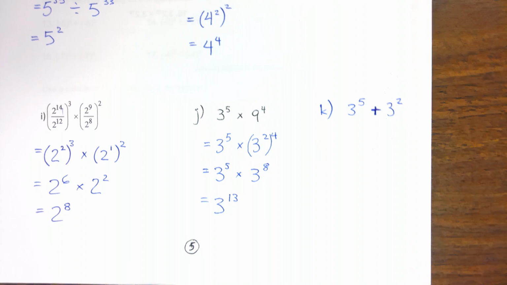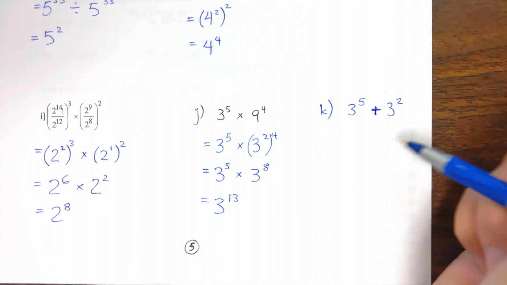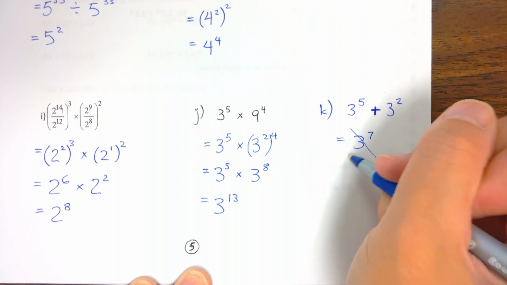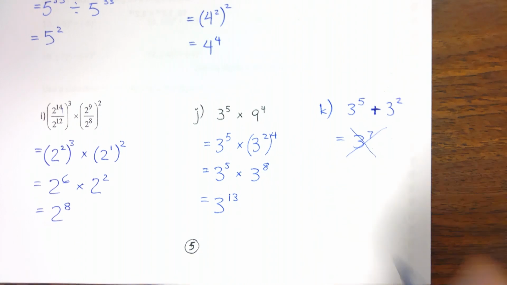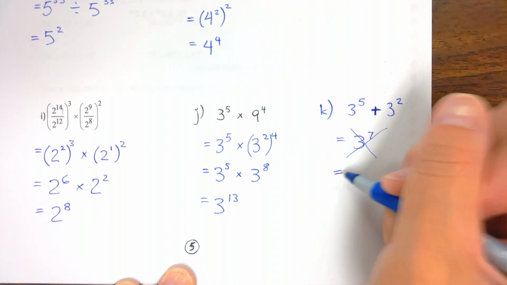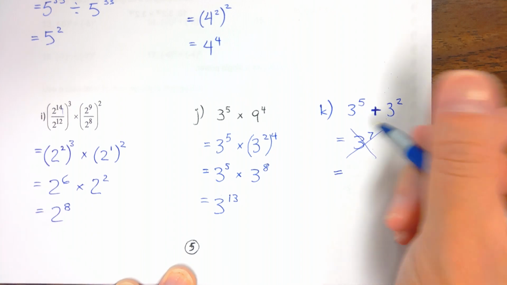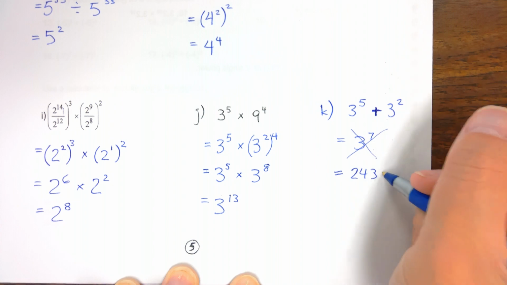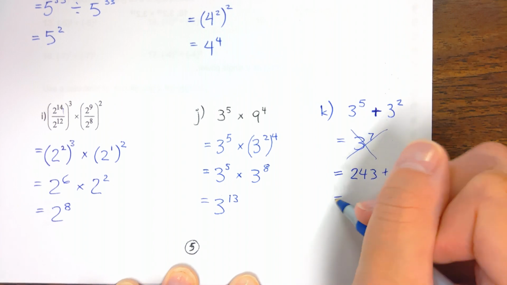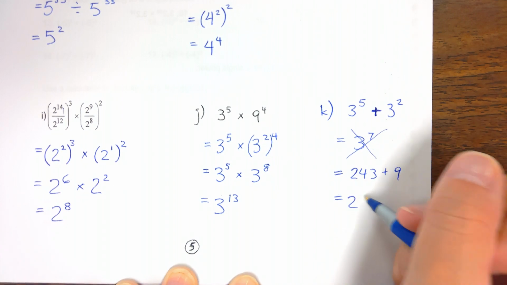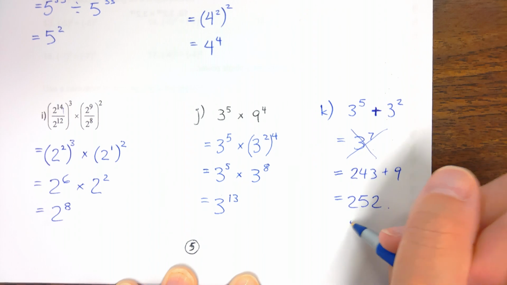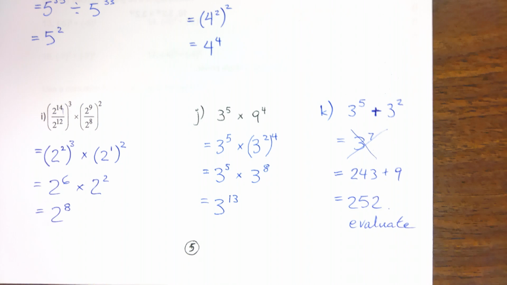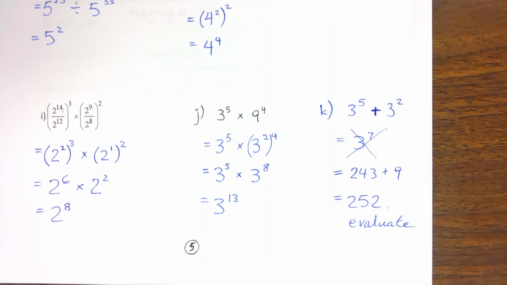So I cannot rewrite this as 3 to the 7. What I can do is evaluate: 3 to the power of 5 is actually 243, and 3 squared is 9. So your answer to this question is just 252 if I evaluate. I cannot rewrite it as a power.